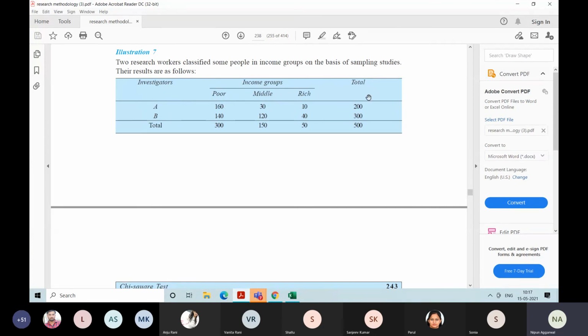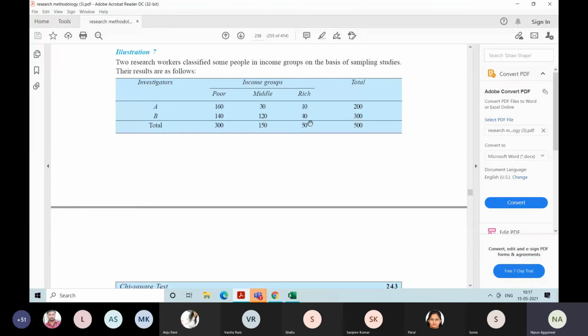Then if you want to calculate against this, it is 200 into 150 divided by 500. 200 into 150 is 3,000, divided by 500. So it comes out to be 60. So against this 30, the expected is 60. For this, it is 200 into 50 divided by 500.